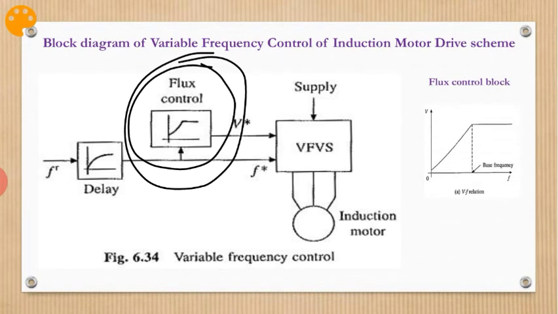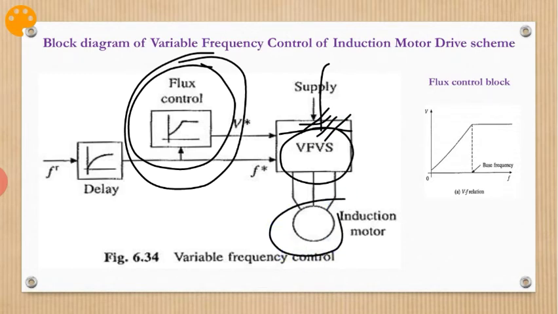VF VS is nothing but a variable frequency, variable voltage source. Here the motor is fed from a variable frequency, variable voltage source. The supply is given to this, and this is our induction motor.